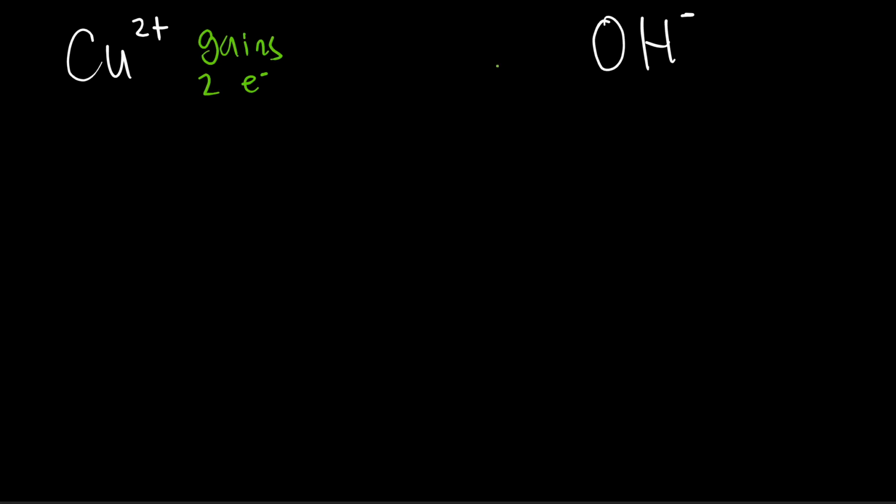What's our formula going to look like? Well, we have our copper 2 plus, and we have our OH minus. This is gaining 2 electrons, and our hydroxide loses, not 2, 1 electron.